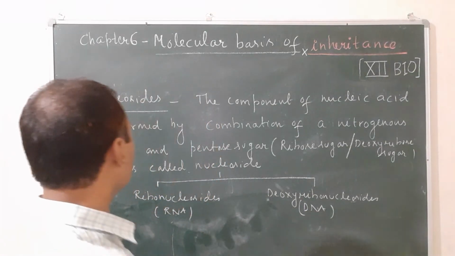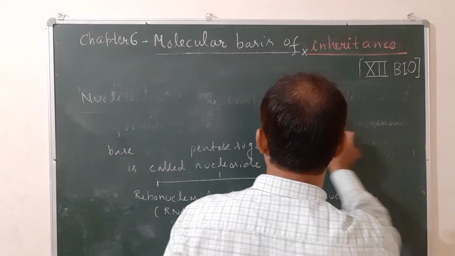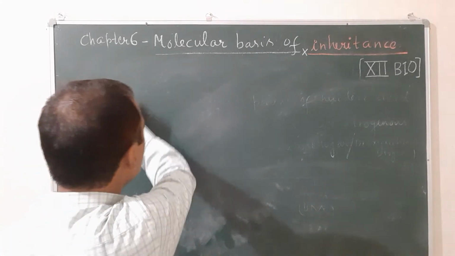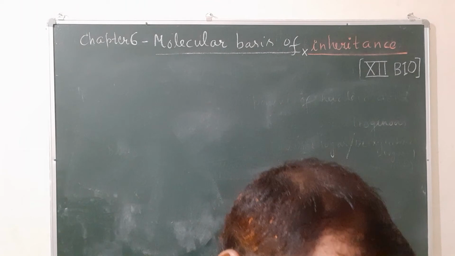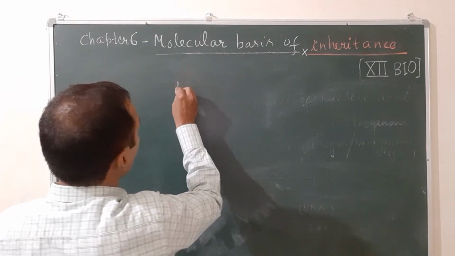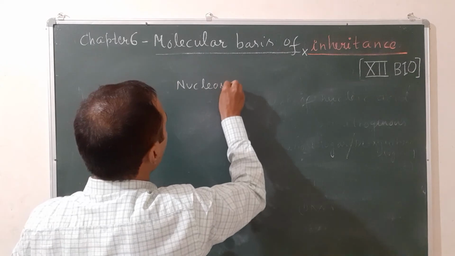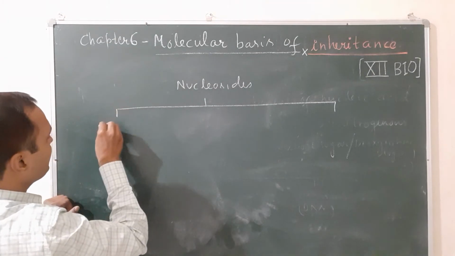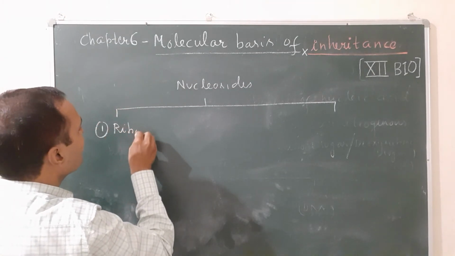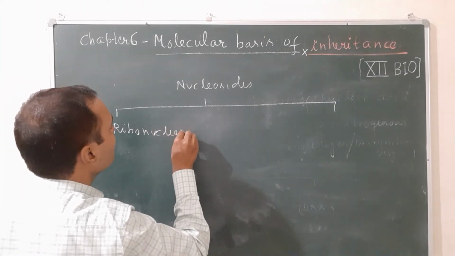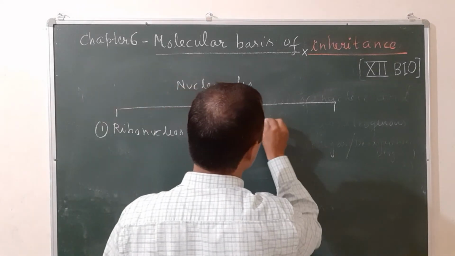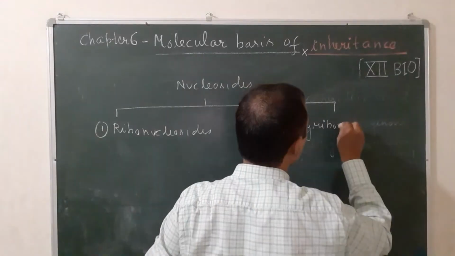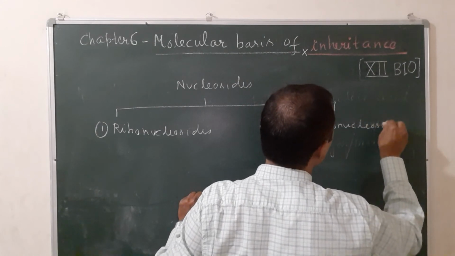Now let us see the name of ribonucleosides found in RNA and deoxyribonucleosides found in DNA. Nucleosides are of 2 types. First one is known as ribonucleosides and second one is known as deoxyribonucleosides.